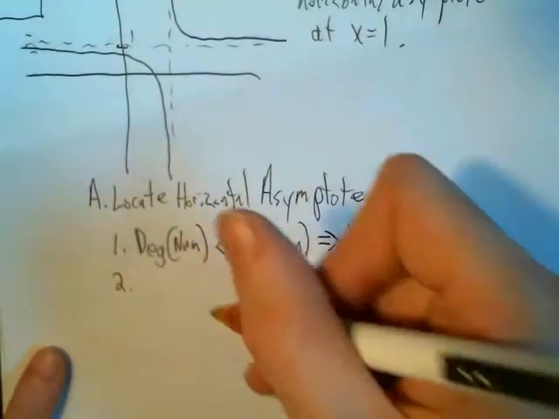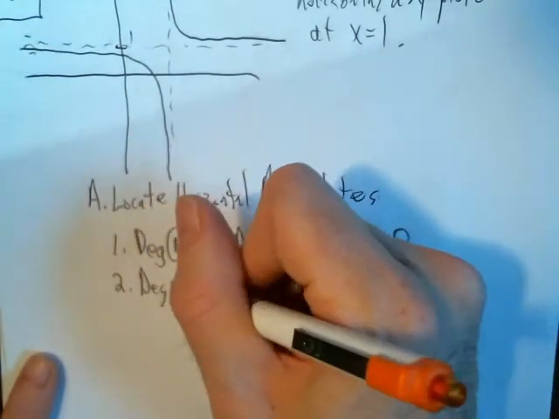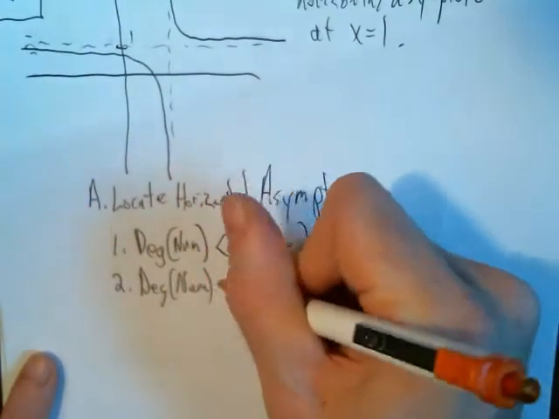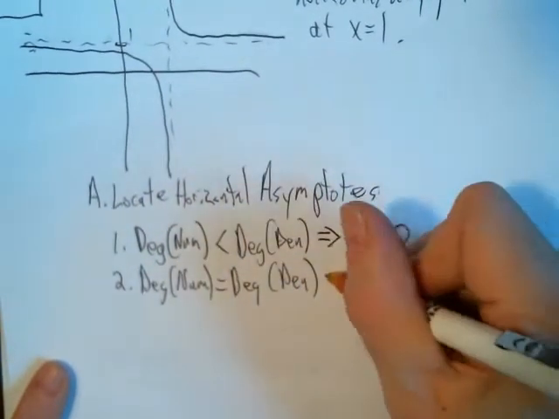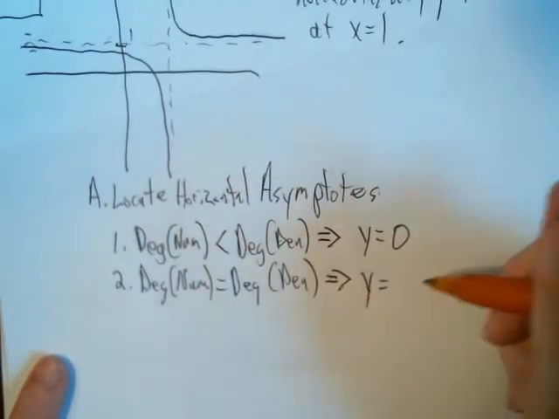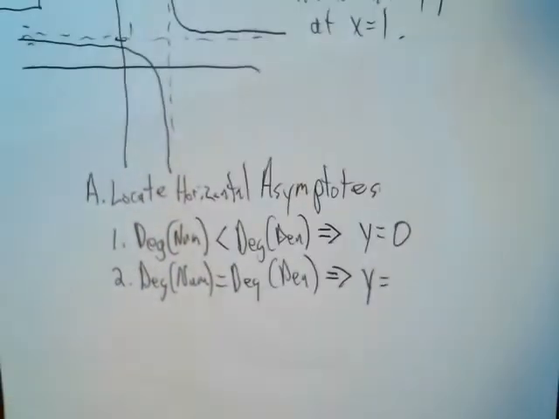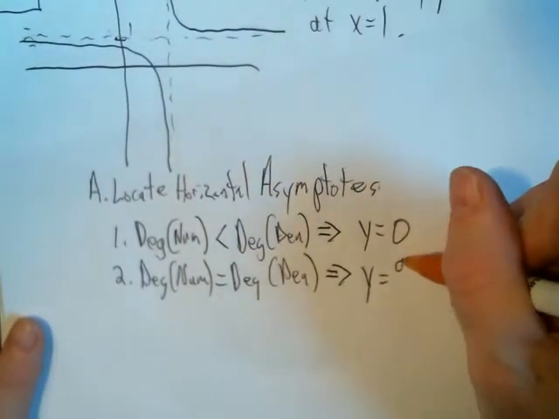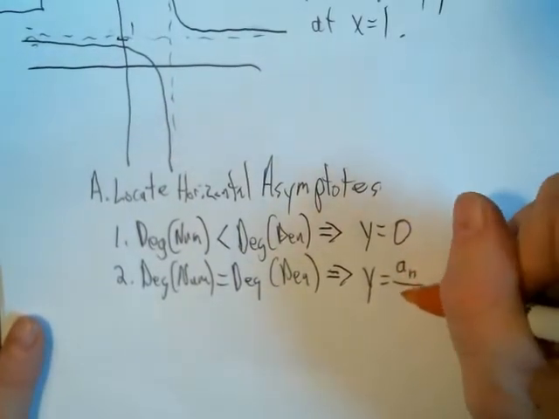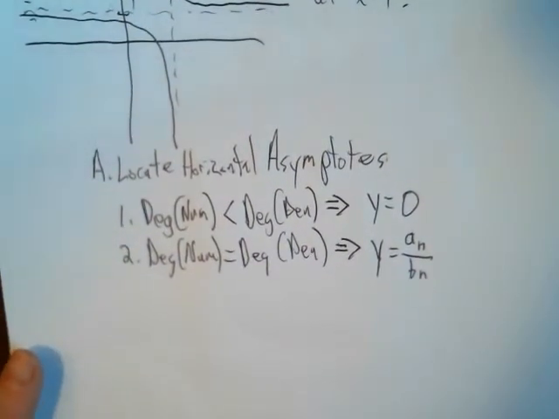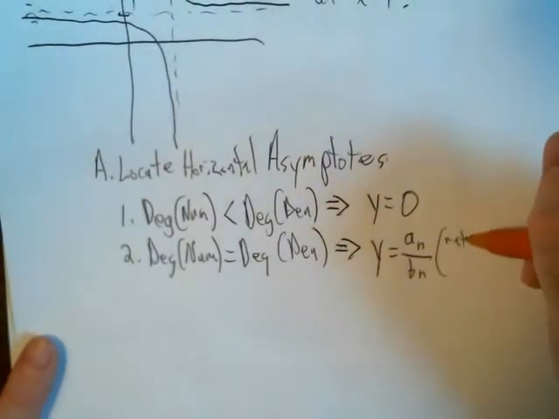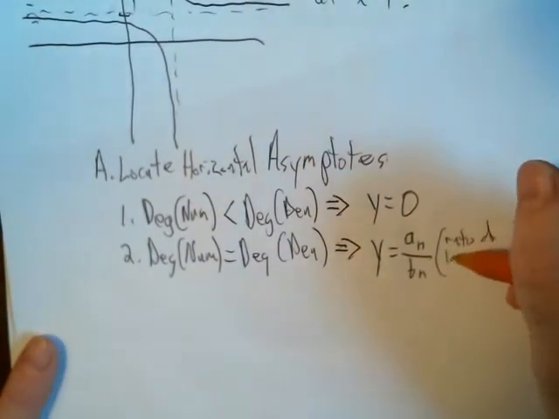The second case is when the degrees of the numerator and denominator are the same. That implies the horizontal asymptote equals the ratio of the leading coefficients of the polynomials, a sub n over b sub n. Ratio of leading coefficients.